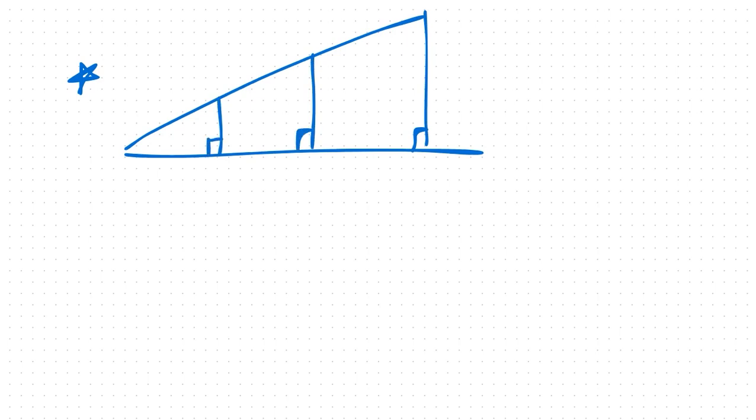How many triangles do you see here? Did you move on to the next page? Yes, page number 7. Yeah, I see it now. How many right triangles are there here? 1, 2, 3, 4.